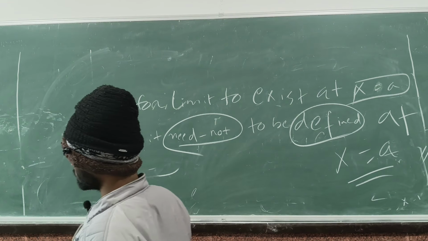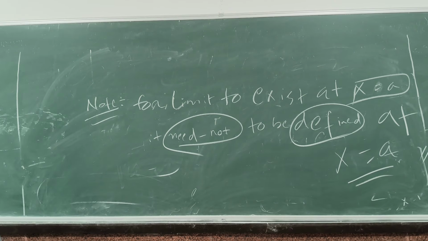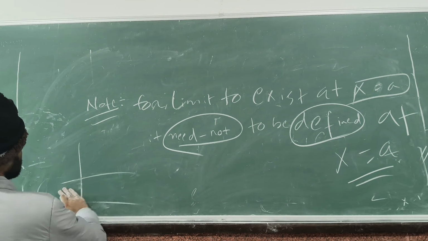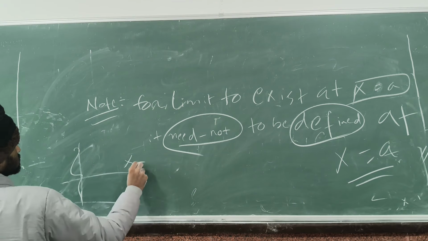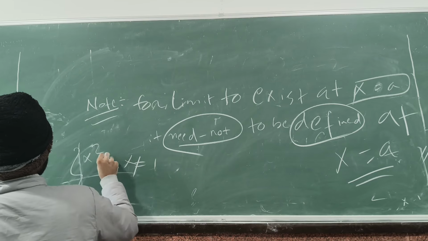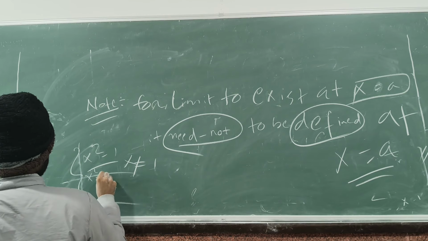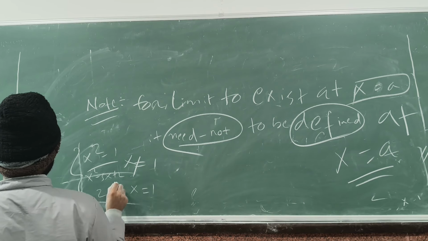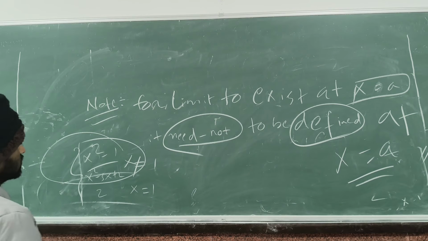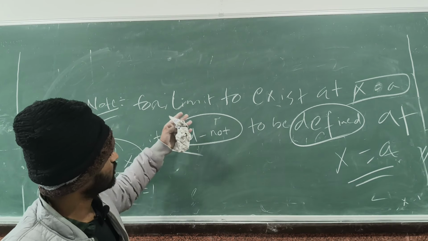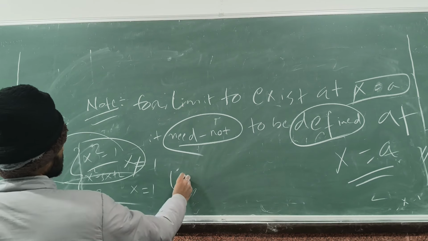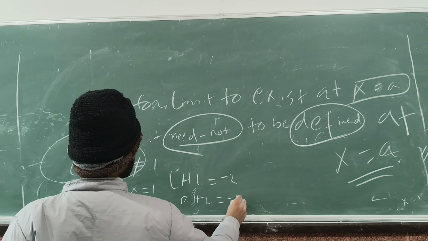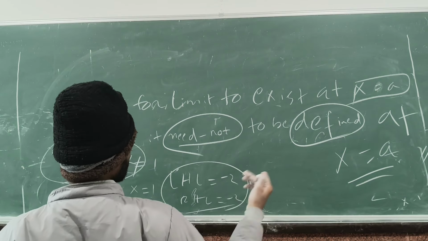Means in the before example you saw that f of x is not defined at x equals 1, it is x square minus 1 by x square minus 3x plus 2 for x not equal to 1. But we saw LHL equals minus 2, RHL equals minus 2, and both are equal, so we said the limit exists.